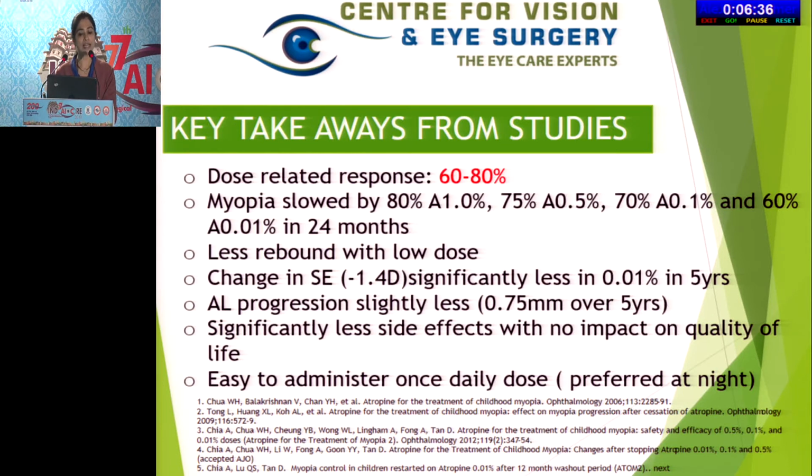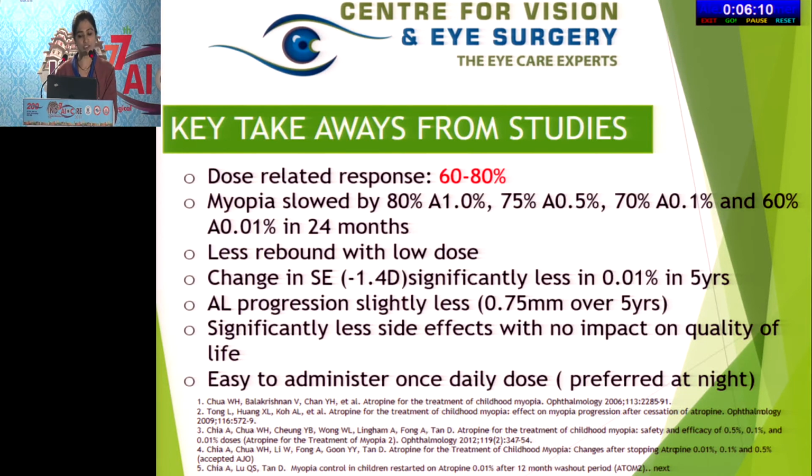There was less rebound with the low dose. So what was the thing? As you approach toward the higher concentration, the drops with the highest concentration would obviously show the maximum efficacy. But as the drops were stopped, the higher the concentration, the higher was the rebound, which obviously we are not looking forward to as we are treating the patients.